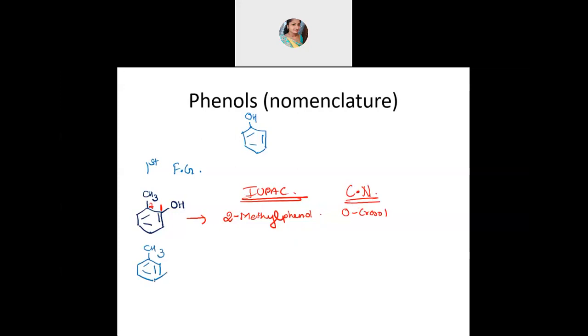Okay. CH3 and then OH here. Tell me what will be the name of this compound. First again functional group. You will number the functional group first. Lionel, tell me the name of this compound. IUPAC name.